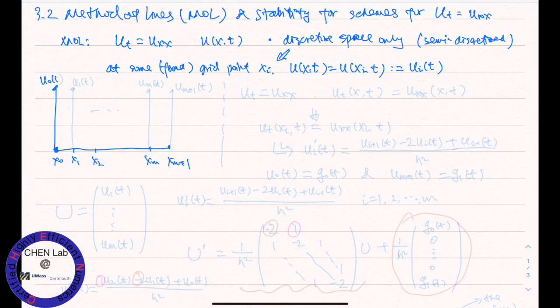There's a function along this line, u_0(t), because your x value is fixed at x_0. We have a function of two variables; if one variable is fixed, it becomes a single-variable function of the other. Here is u_1(t), and so on, here is u_m(t), here is u_{m+1}(t).